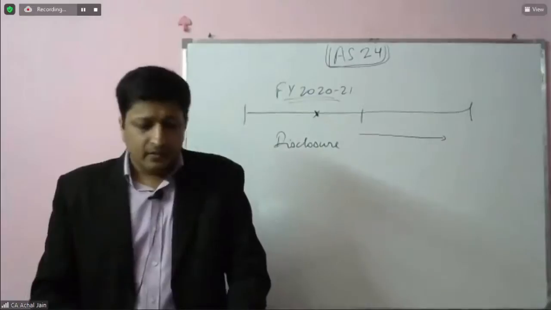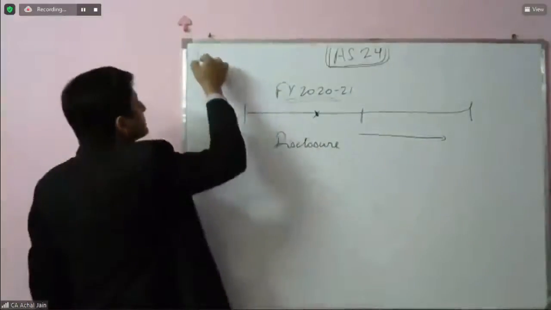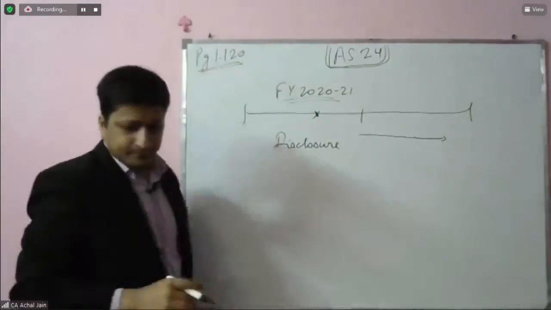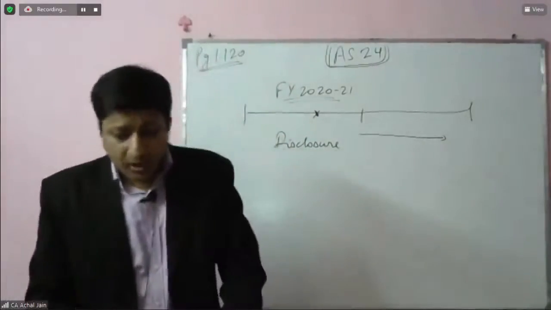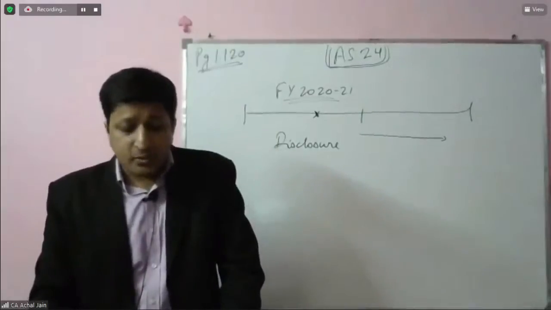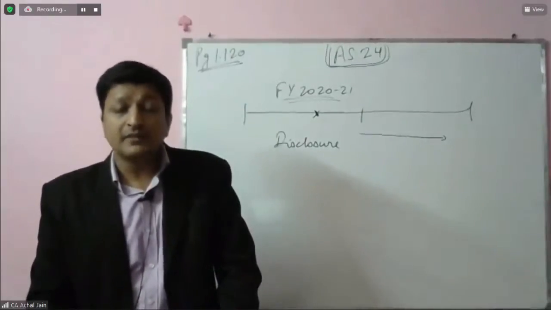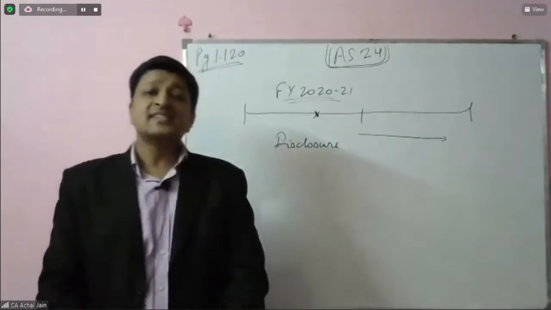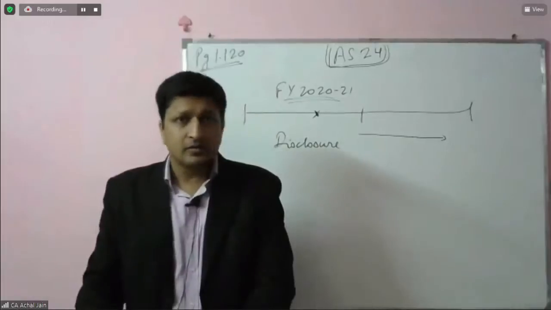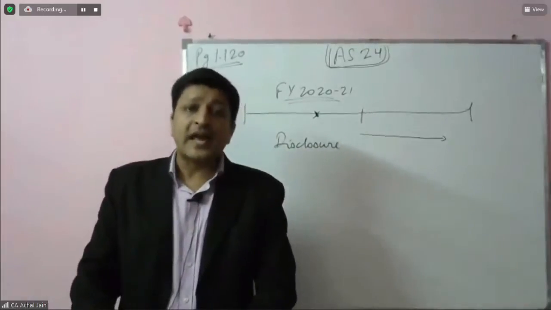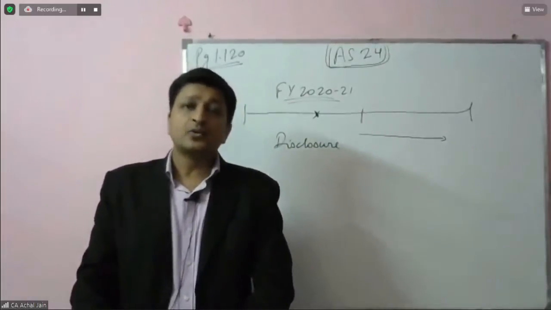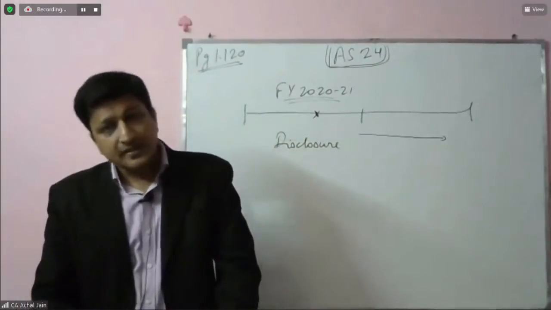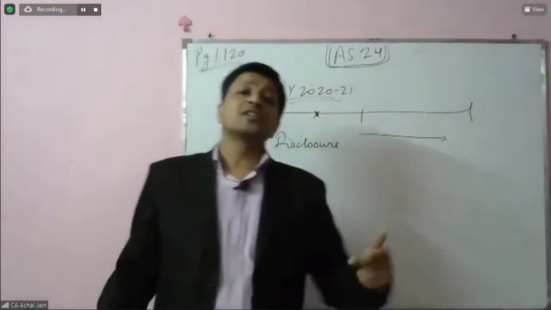So let's understand. An enterprise should include, for the period subsequent to the one in which the initial disclosure event occurs, a description of any significant changes in the amount or timing of cash flows relating to the assets to be disposed of, liabilities to be settled, if there is any, and the event which is causing such change.